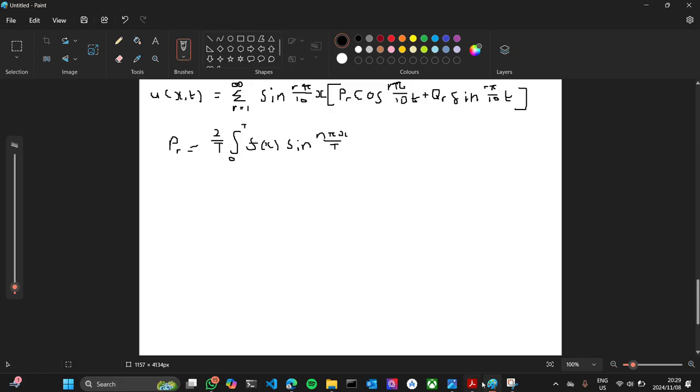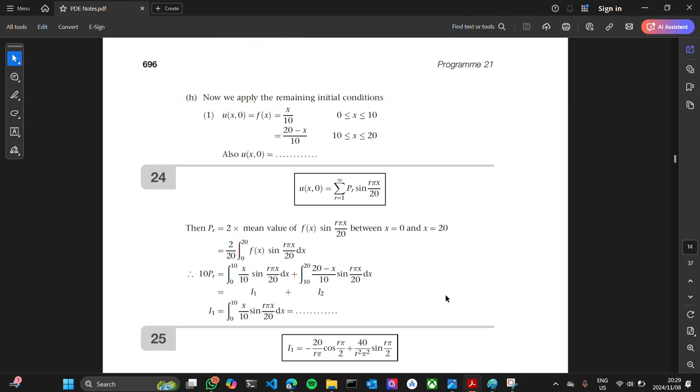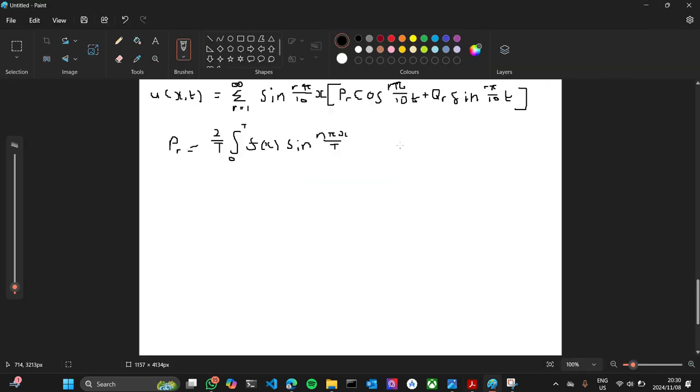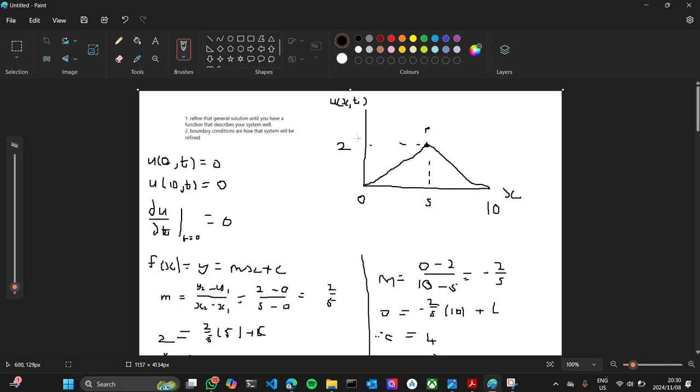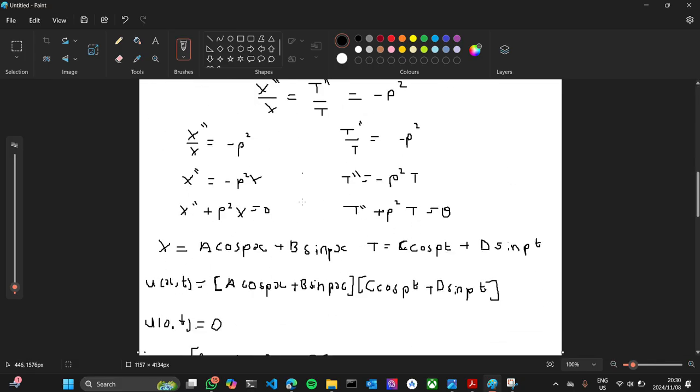Let's just make sure I got that right. Yeah, cool. So then we can substitute. So it's 2 over the period, which is 10, because that's the entire length of our string. It's 10.